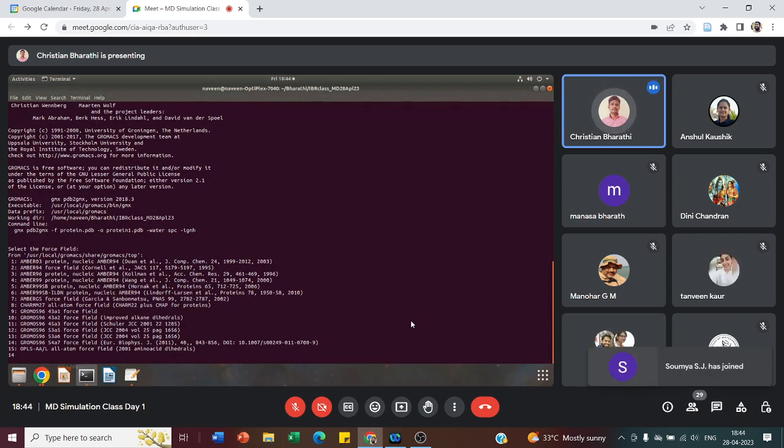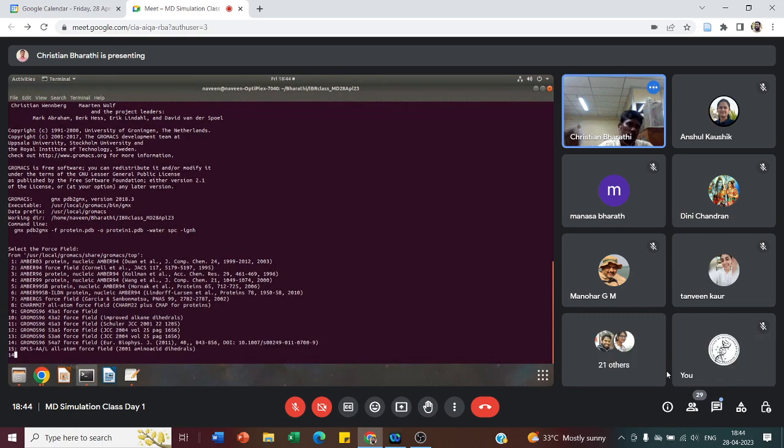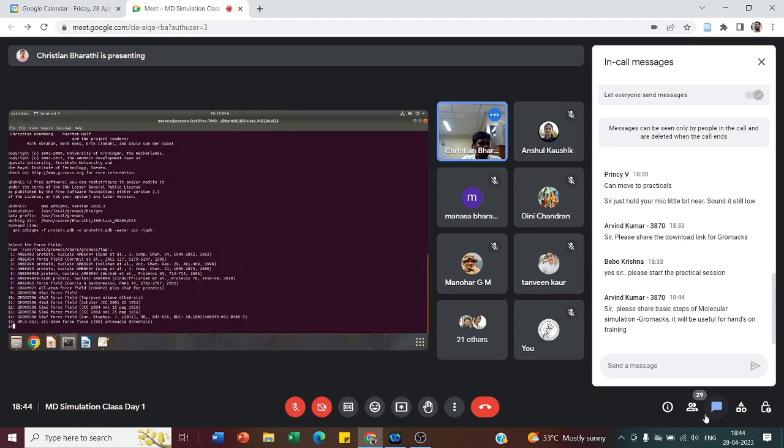The GROMACS force field is best in this tool, and the dynamics will be quicker in this tool. So I'm using that. You can choose any force field of your choice.